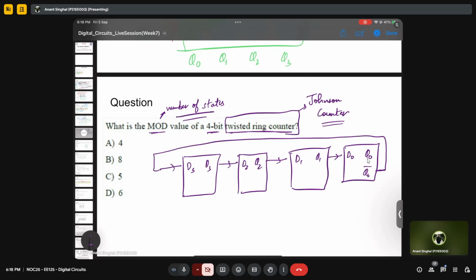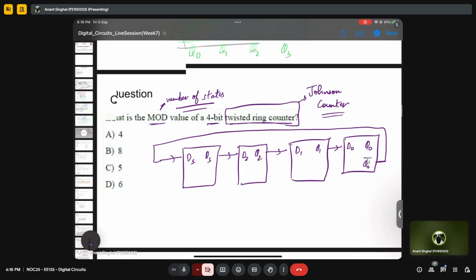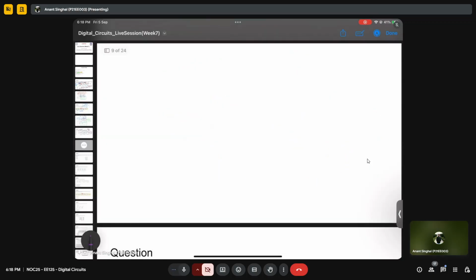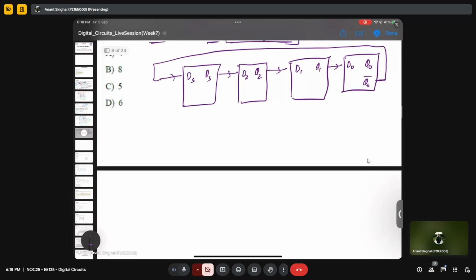So you can try it out. Let's start with the initial state. Maybe I'll do it myself, no problem. Let's say Q3, Q2, Q1, Q0 are 0, 0, 0, 0 initially. As I said, this is again a right shift counter. The only difference is that Q0 bar is the input of the first.